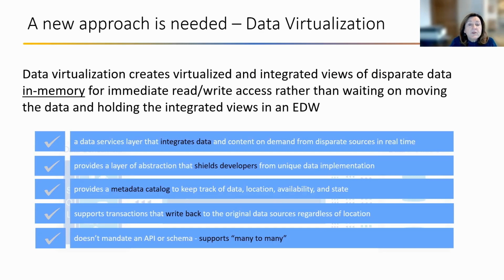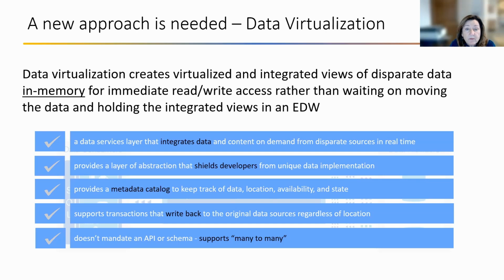What data virtualization provides, which really helps get to that modernization and agility, is a data services layer to integrate the data and content on demand from those various sources in real time.